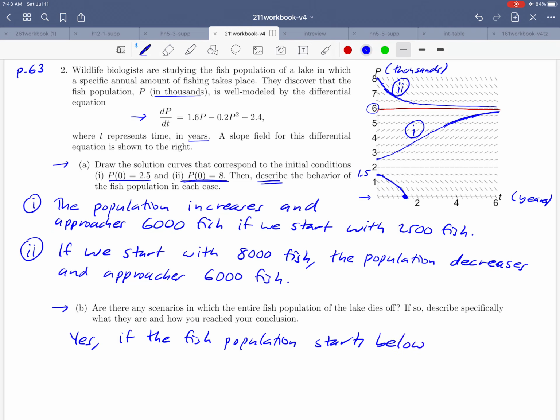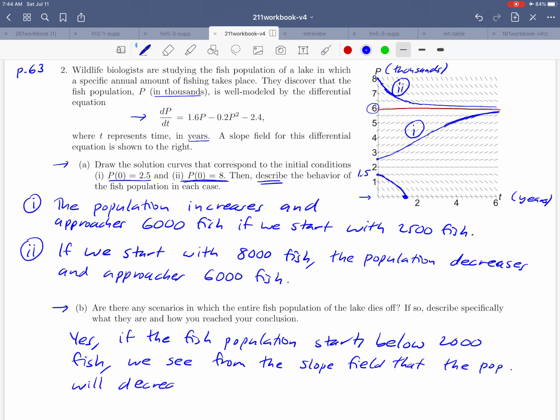If the fish population starts below 2,000 fish, we see from the slope field that the population will decrease to 0.